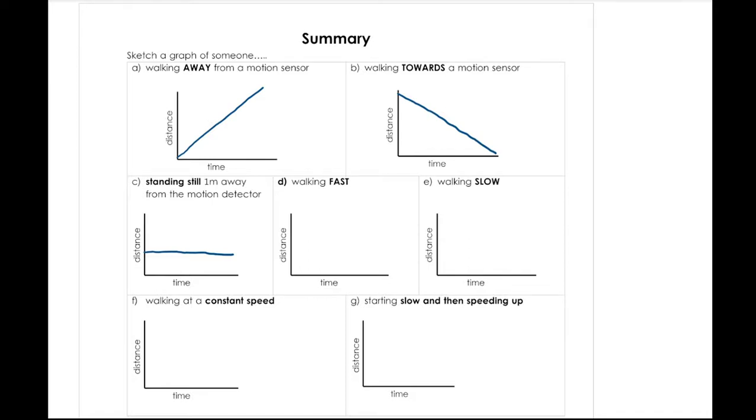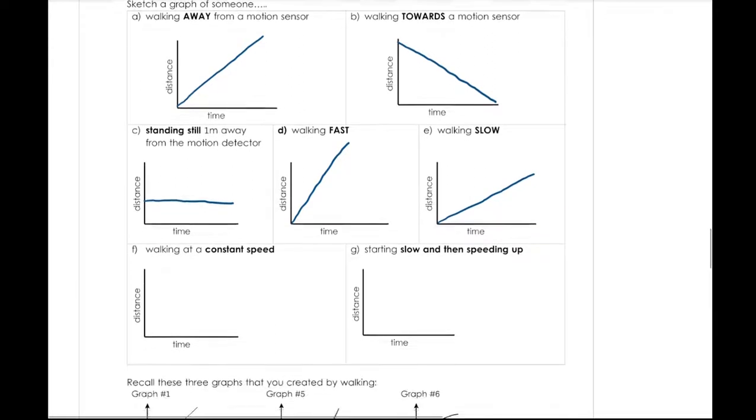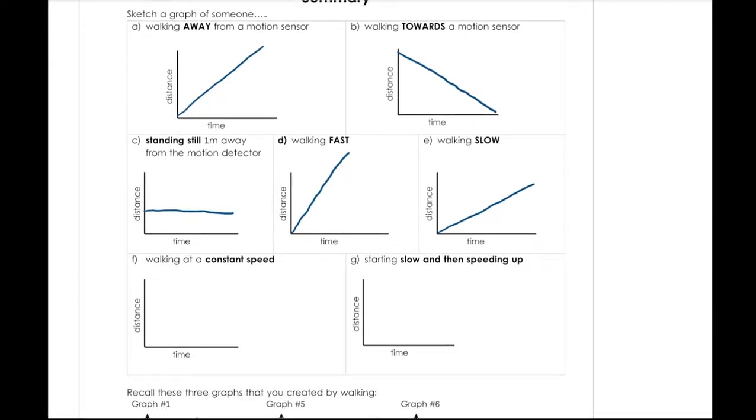Our distance isn't changing. If they were walking fast, it would be a very steep line, whereas if they were walking slow, it would be more shallow. If they were walking at a constant speed, walking would be, because it's relatively slow, something like this.